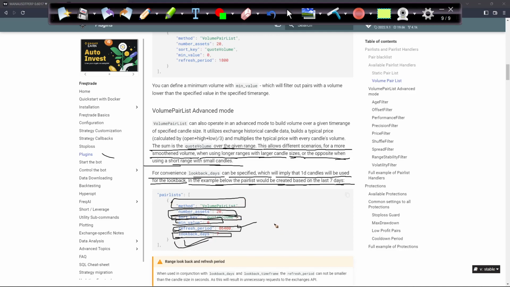So it is basically getting this HLC3, which is open, high, low. So yeah, we don't have close, right?